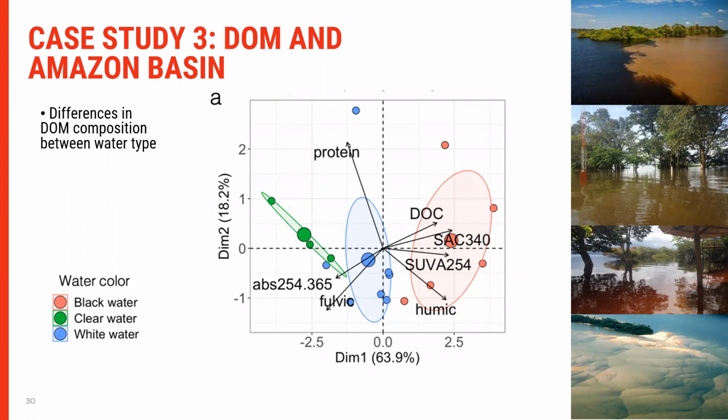What we saw is, like the other sites, you get clear separation of organic matter based on characteristics, based on the water type as well. So you have black water, I think it's the red, with more humified organic matter, which makes sense because of that dark color, compared to your clear water, which has more proteinaceous, microbially derived organic matter.